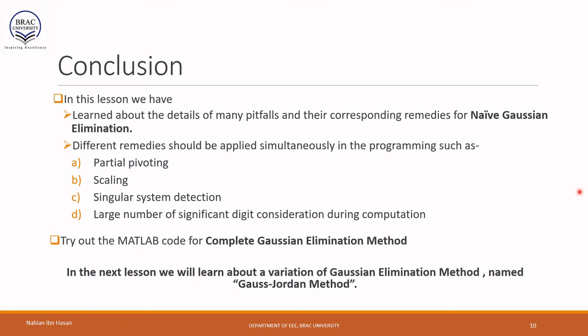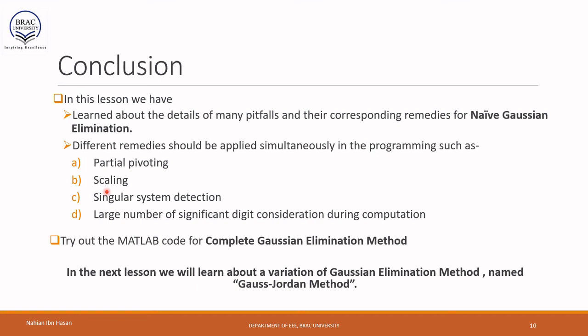And the second remedy we used was scaling. That means when we had large numbers in the system, we can divide each of the coefficients and constants by the largest number of the system. As a result, all of the numbers will be within the range of 0 to 1, and it will be much easier for us to calculate. Also, we can use a checkpoint in our computer program to find out whether a system is singular or not.